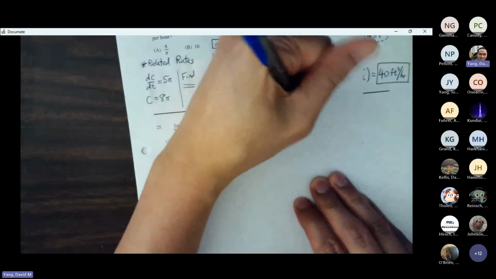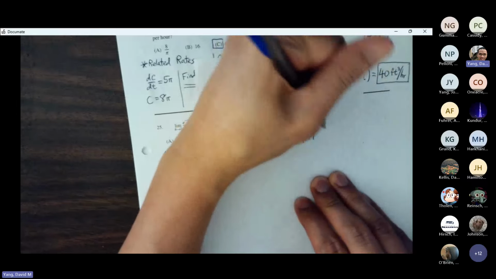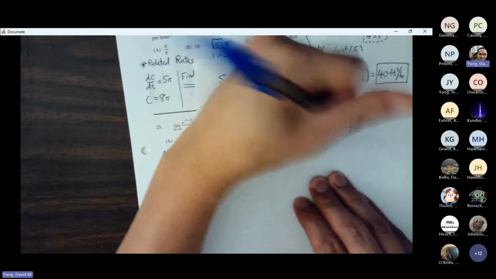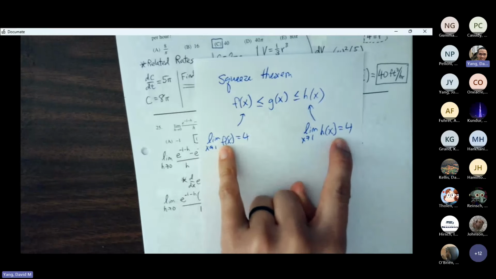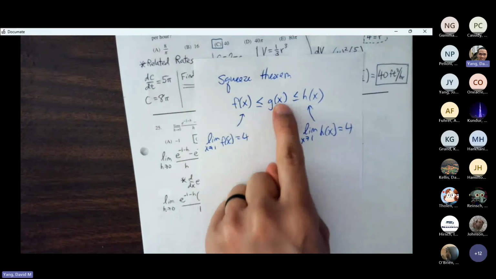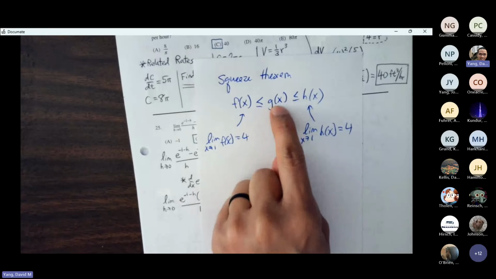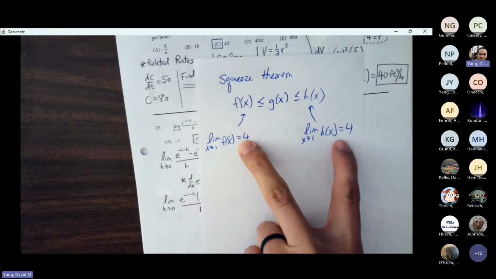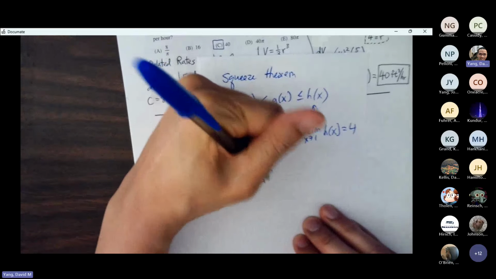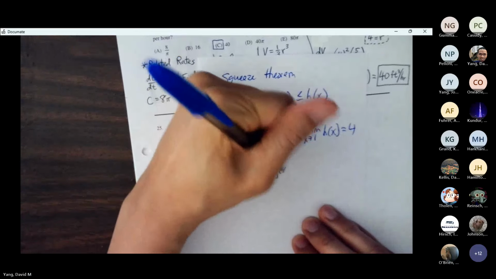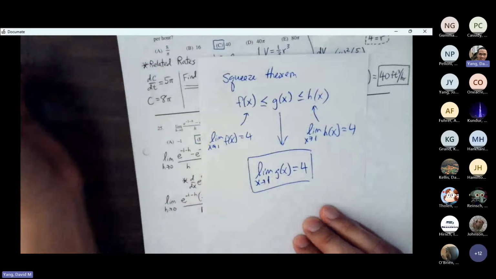And then they say that the limit as x approaches 1 of h of x is also equal to 4. So the way that squeeze theorem works is if the outer limits are the same, and you know the middle function has to live between, then this middle function gets quote unquote squeezed between these two numbers, and there's no choice but for the middle to also share the same limit, even though we don't have direct data about g of x.